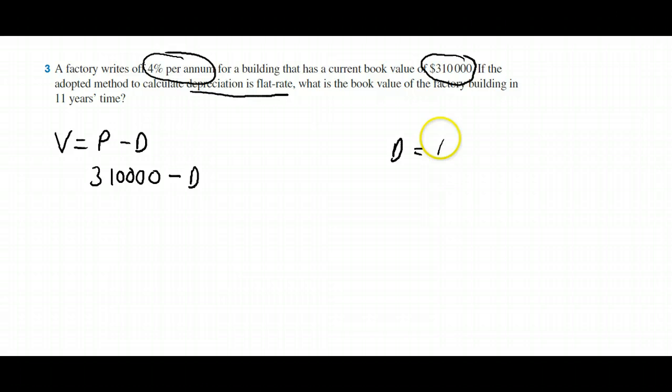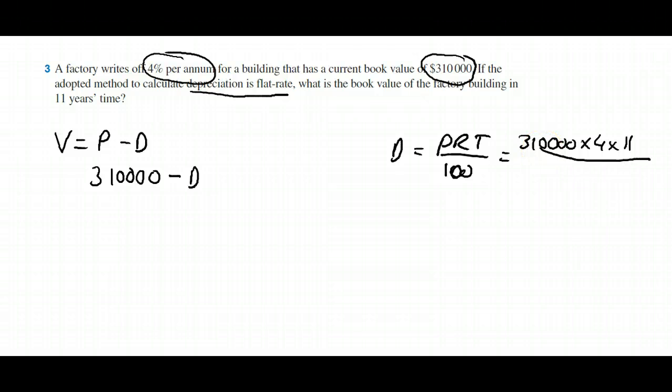PRT over 100, which will be 310,000 times 4, and it's 11 years, divided all by 100. Maybe to make it simple, we'll just cancel out some of these zeros to begin with.